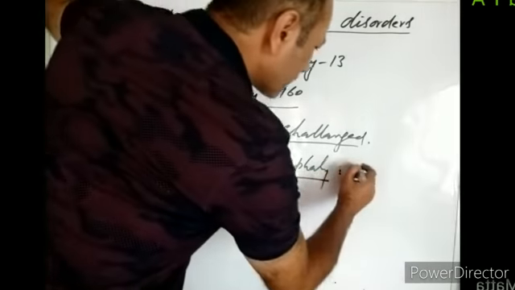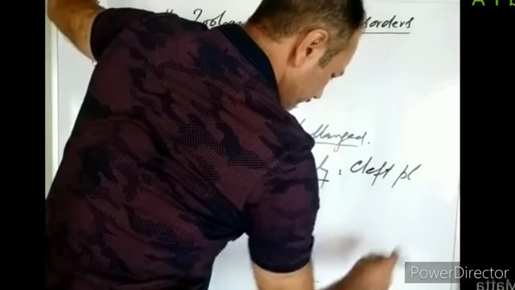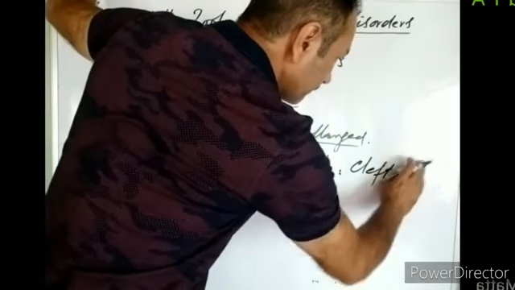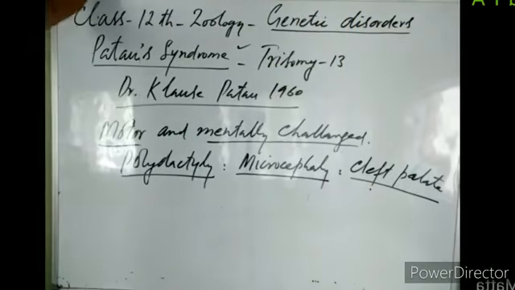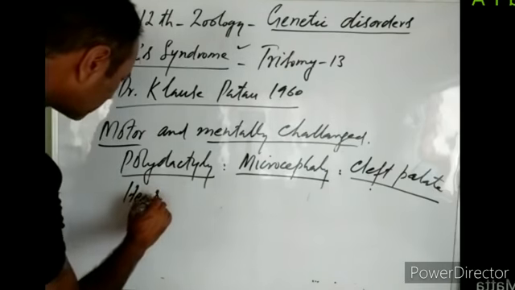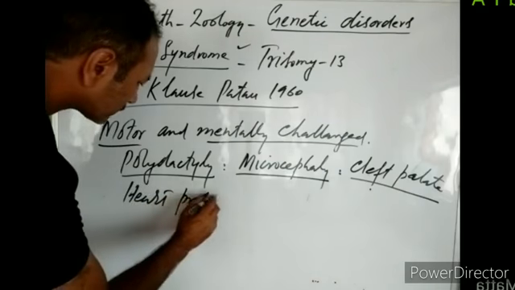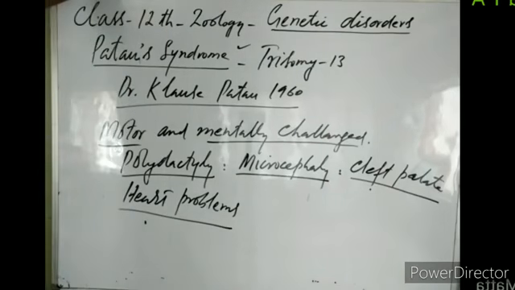They may also suffer from cleft palate. They also suffer from cleft palate, right? And they may also have heart problems. So these are the problems which are associated with Patau syndrome.